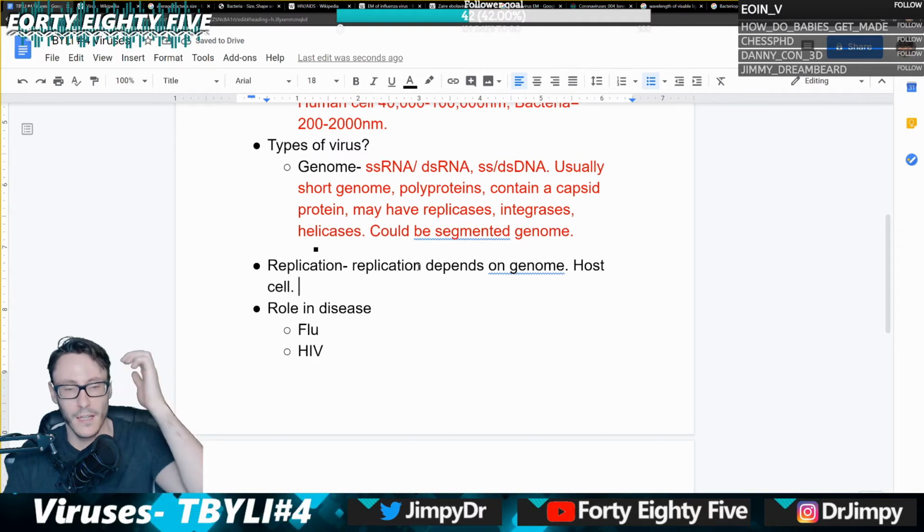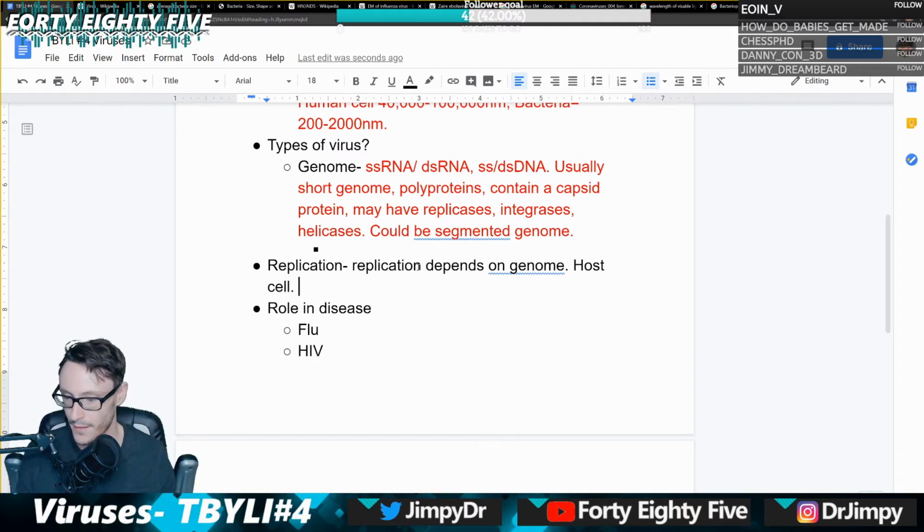So I mentioned that they can't replicate outside of a host. When I'm saying a host, I'm talking about a cell in our bodies that is harboring a virus. In the case of the SARS-CoV-2 virus, it will be the epithelial cells within our lungs and our throats and our nose and the back of our mouth, mainly, though other cell types are applicable.